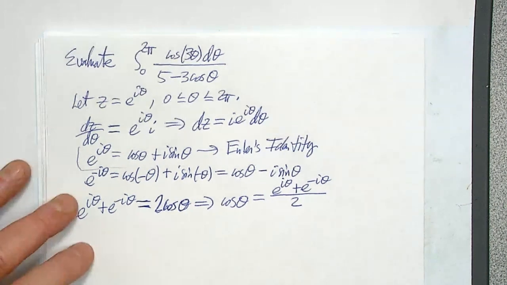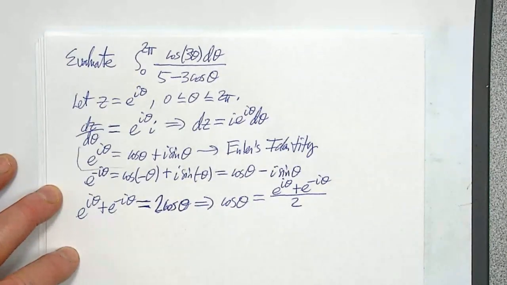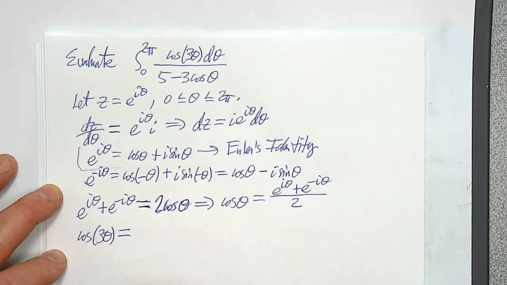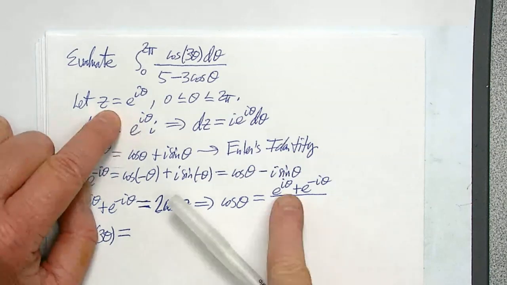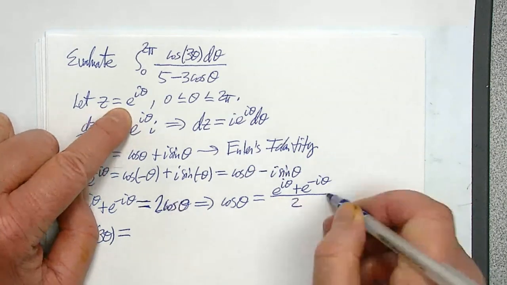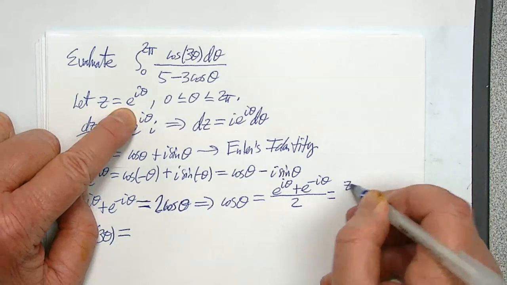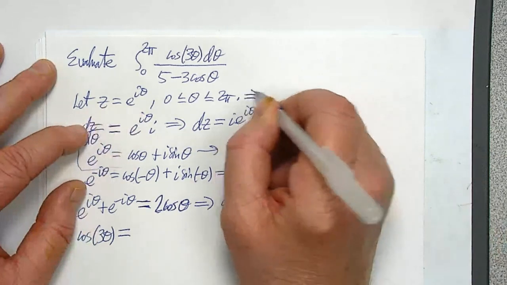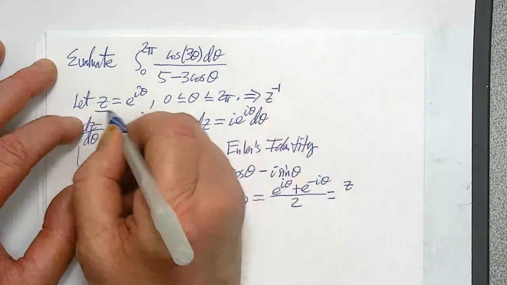Okay, so for this we need not only cosine theta, but we need cosine of 3 theta. Now, one thing you may notice is that e to the i theta is z, right? What if you had z to the minus 1, based on this definition?